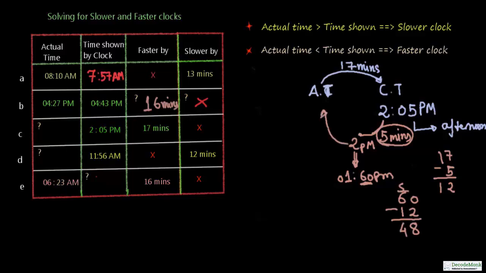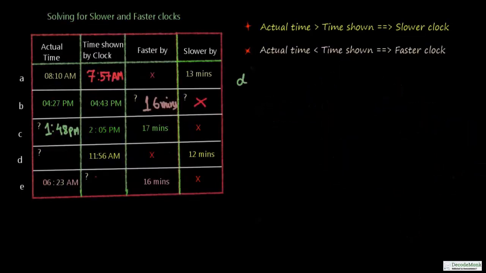So if we move backward by 12 minutes further, then the time we will get is 1:48 p.m. So you see we have moved backwards by a total of 17 minutes, 12 plus 5. 5 minutes back from 2:05 will get you to 2 p.m., and 12 minutes back from 2 p.m. will land you on 1:48 p.m. So the total is 17 minutes. So the actual time will be 1:48 p.m.